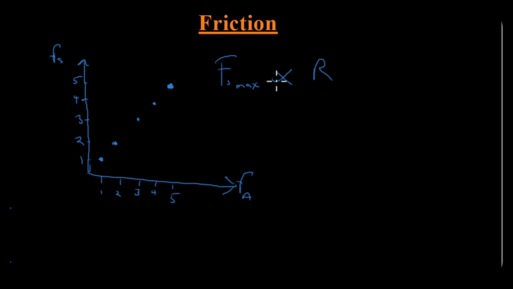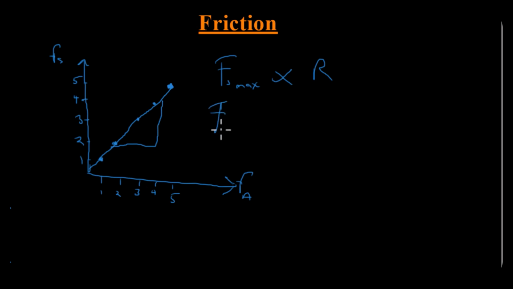Now, to remove this constant of proportionality, first of all, we try to complete our graph. So if we complete this graph, we discover that this graph is looking like a straight line graph. And we know that the slope of a straight line graph would always be constant. If that is constant, then we can remove our constant of proportionality. And that constant, we call it our coefficient of static friction.